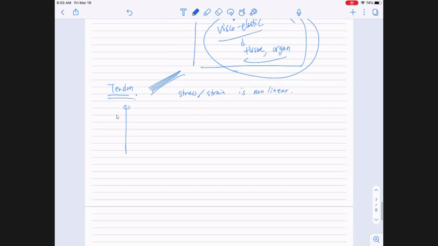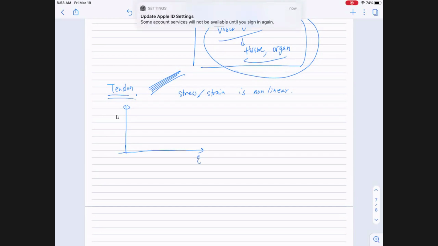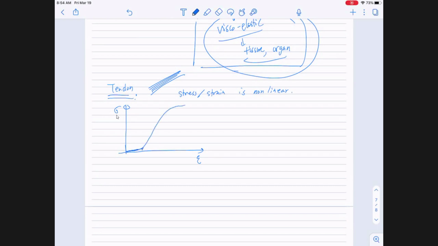For example, they present like this, slowly, in three parts. Initially you see a little stress, then some strain, but during the strain change the slope is pretty big, right? Slope 2 is larger than slope 1.